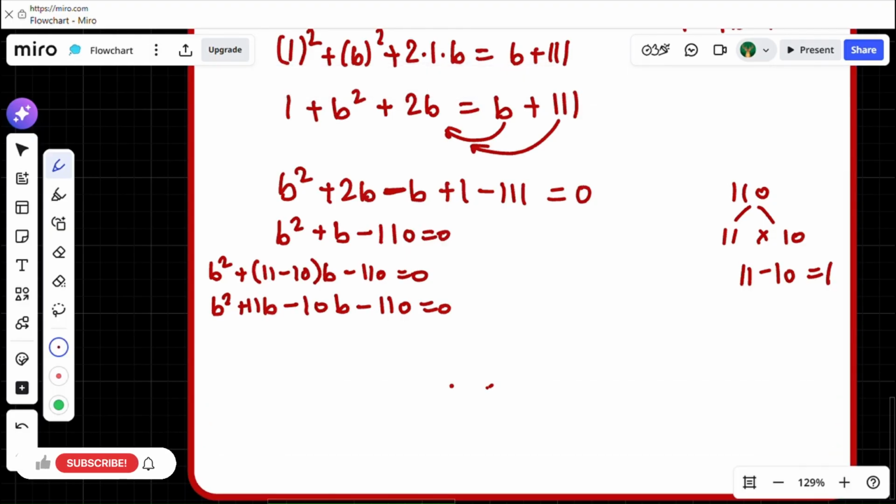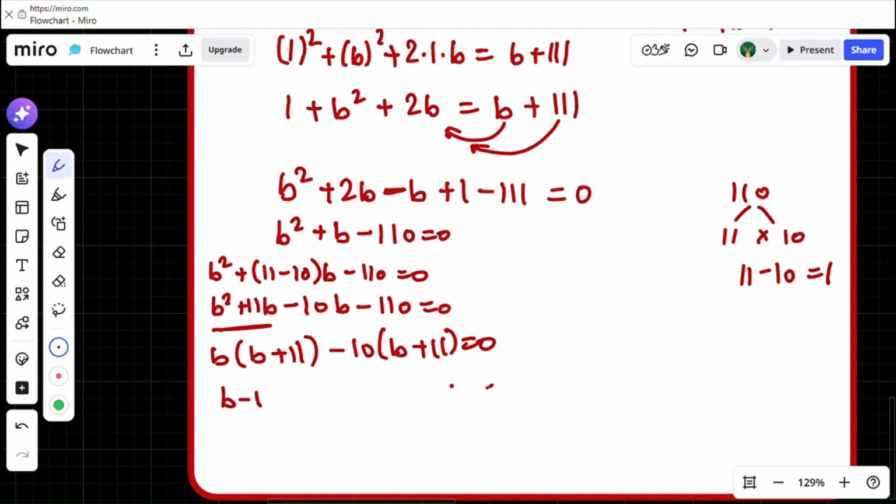Now B square plus 11B minus 10B minus 110. Now we can take common this part: B bracket B plus 11 and minus 10 common, B plus 11 is equal to 0.